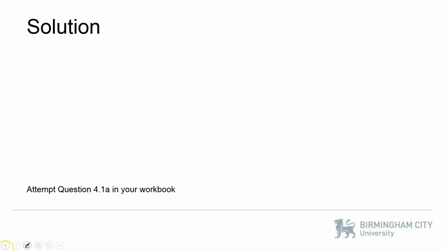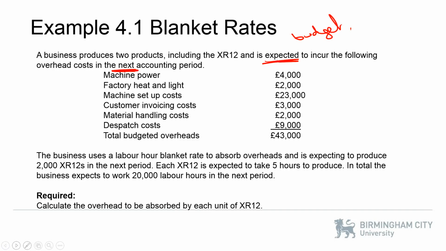Right, so we have all these overheads. They have been totaled up. If you have a list of overheads and they haven't been totaled up, then you just total them up. So our overheads budgeted figure is £43,000. That's for the next accounting period.